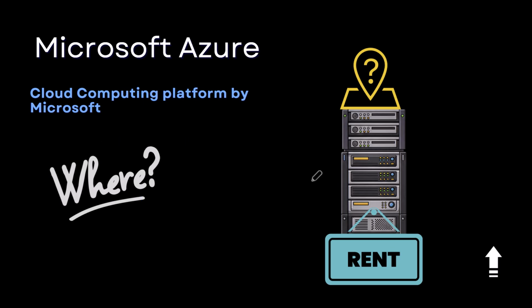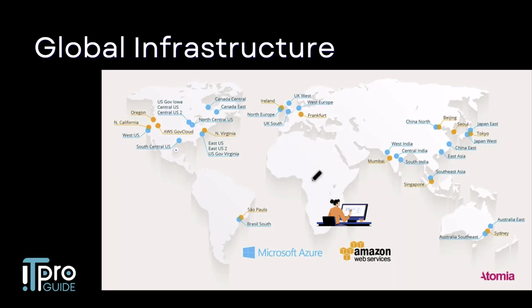So Azure is not just one big data center located in the US or Europe. It's a global network of data centers spread across the world, as you can see in the picture, from east to west and north to south. Microsoft has designed Azure to provide you availability, fault tolerance, and low latency. And how does Microsoft achieve this?